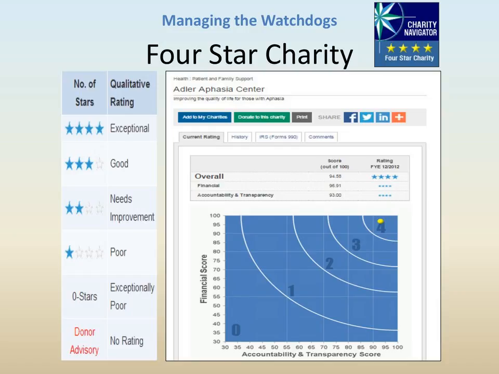You'll also see here that there's a Charity Navigator seal that a 4-star charity can earn, and that's provided free of charge to organizations that earn 4 stars to display on their own website or on their marketing literature. And the same is true for most of the other rating type organizations.